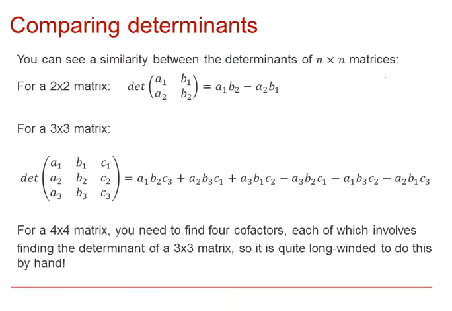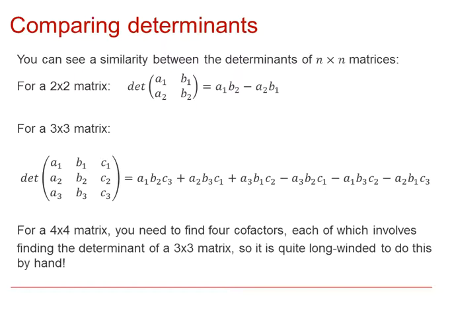For the trivial example of a 1 by 1 matrix, the determinant would be the single entry. We can see a similarity between determinants of other n by n or square matrices. For a 2 by 2 matrix, we know that the determinant was a1b2 minus a2b1. And for a 3 by 3 matrix, we have this slightly more convoluted expression, which we have investigated as to where that came from.